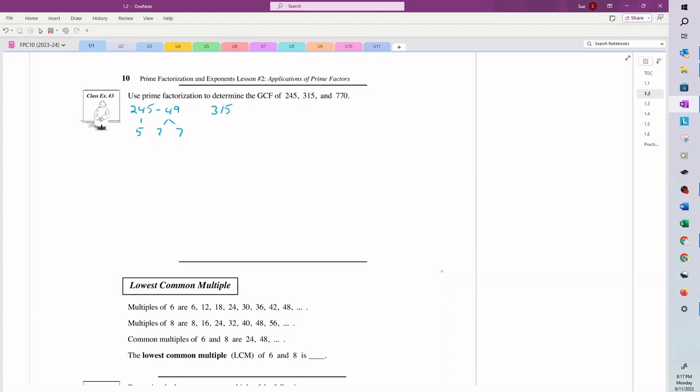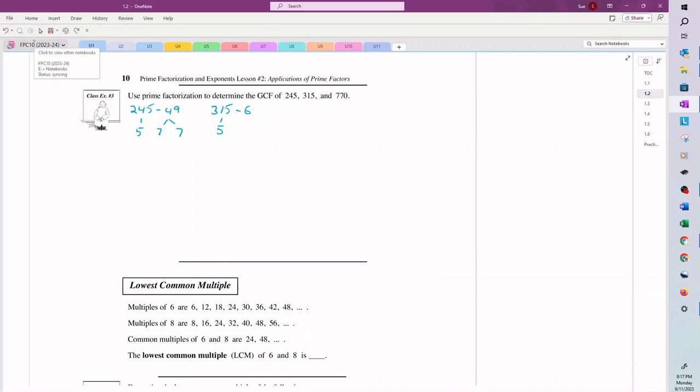And then 315 doesn't divide by 2, but it does divide by, I didn't follow my rule. I divided it by 5 because I could, and then I used the calculator. So, there's the way that's ideal to do it, and then there's the way that I sometimes actually do it.